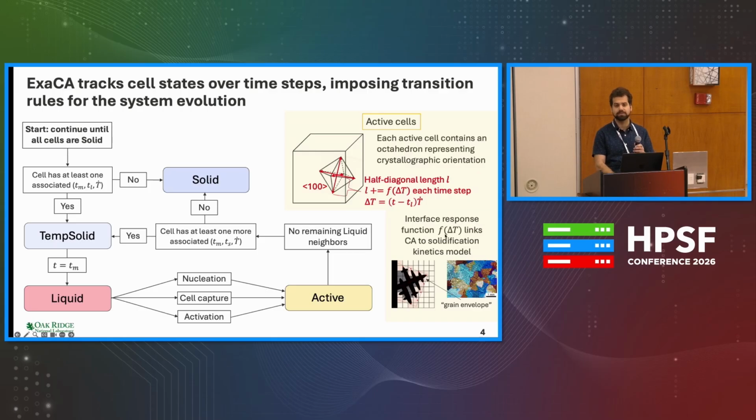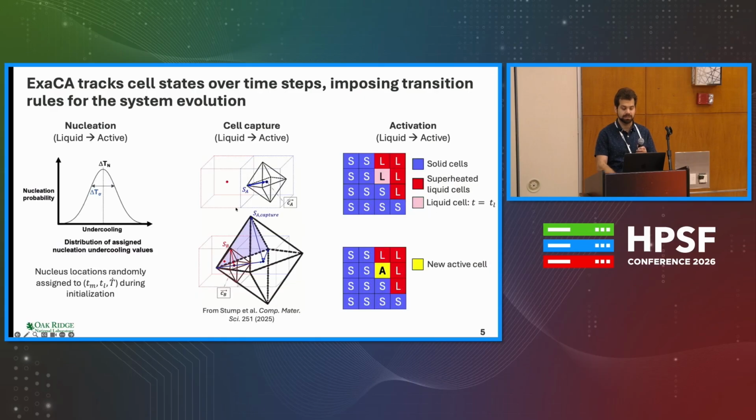But it's important from the physics side of things because it's linking your local solidification kinetics to the real time temperature history of that location in your part. But these octahedra, these update operations, and then these update operations for the liquid cells turning to active, this is where most of the work is actually being done.